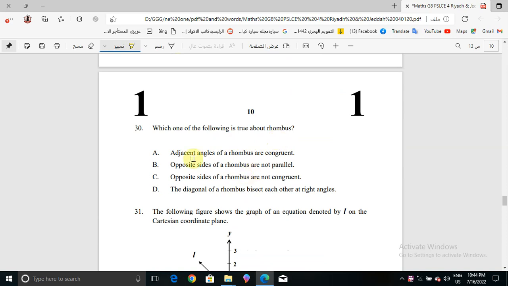Okay, now in question number 30, which one of the following is true about a rhombus? Adjacent angles of a rhombus are congruent, opposite sides of a rhombus are not parallel, opposite sides of a rhombus are not congruent, or the diagonals of a rhombus bisect each other at right angles.